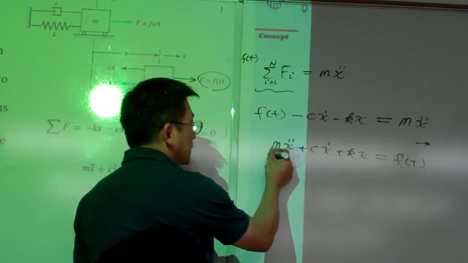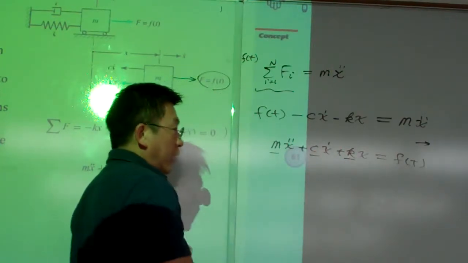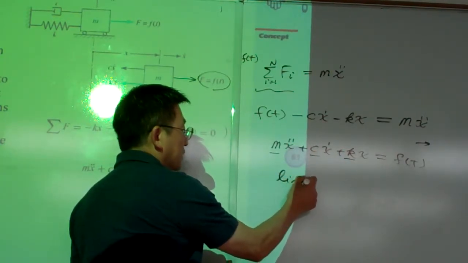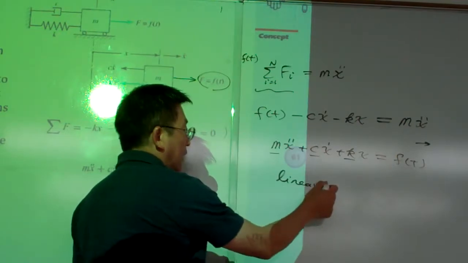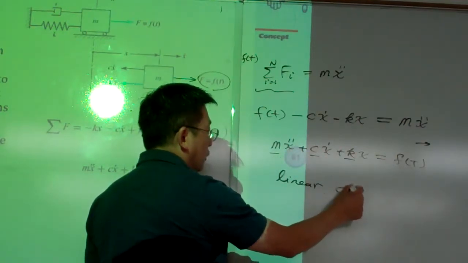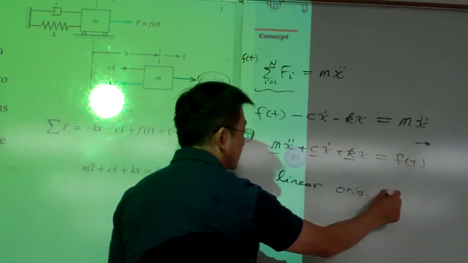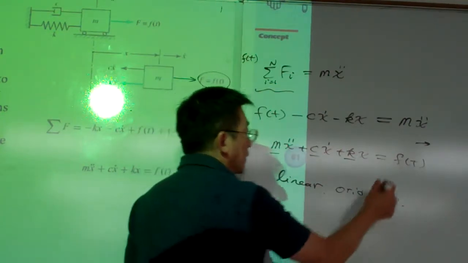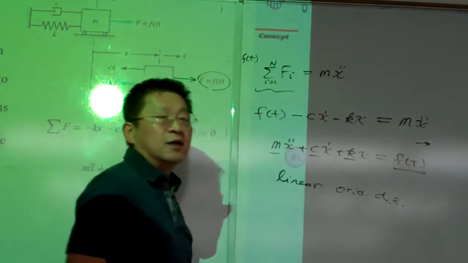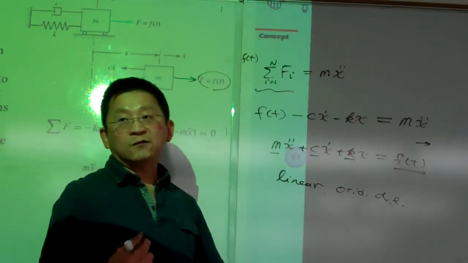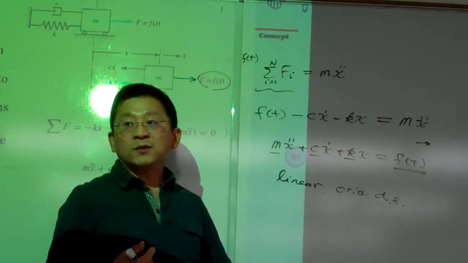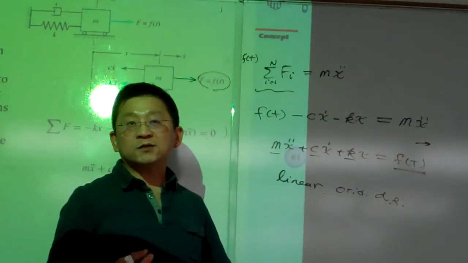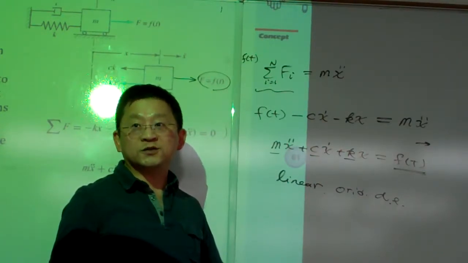Anyhow, in terms of the mathematical description, m, c, k are constants. So basically this is linear. And this is an ordinary differential equation. If f of t exists, if f of t is non-zero, basically that is a forcing term, which is called a non-homogeneous term.